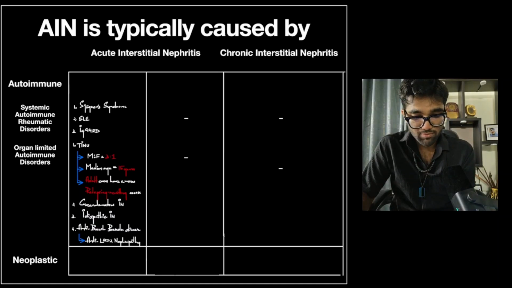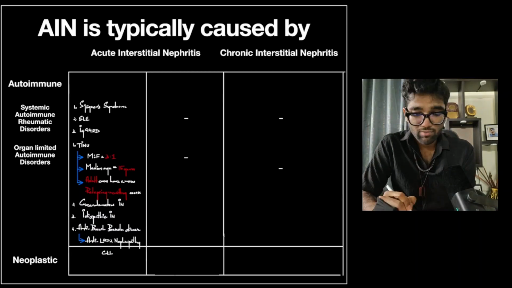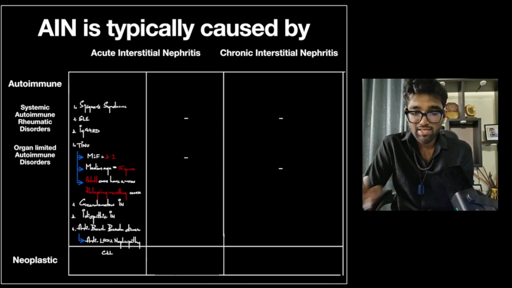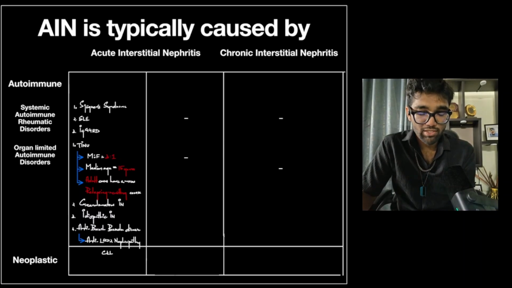Now, in case of neoplastic disorders, it's chronic lymphocytic leukemia, and actually this would be SLL, the lymphocytic leukemia variant, that can cause direct renal interstitial infiltration and cause acute interstitial nephritis.